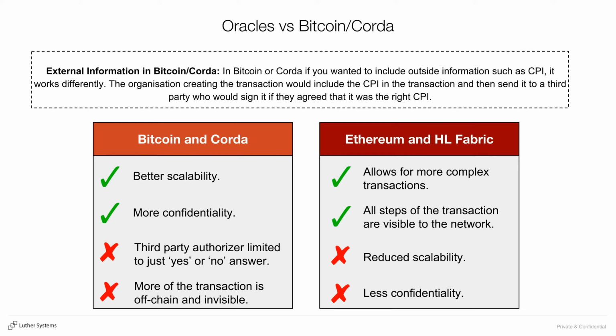The details of the execution and processing off-chain are not necessarily exposed to the entire network. So data becomes less visible, for better or worse, to the other participants in the network.